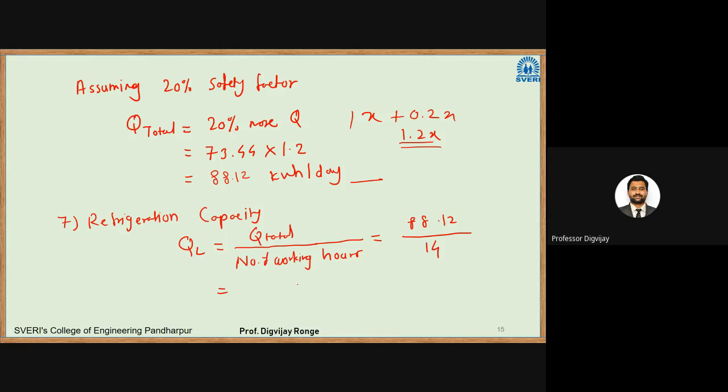Okay, so Rohit has calculated, Akshay has calculated. I will take Rohit's answer. So that is 6.294, so I will take 6.3. This unit will be kilowatt. So can you convert this into tons? So calculate this in tons.